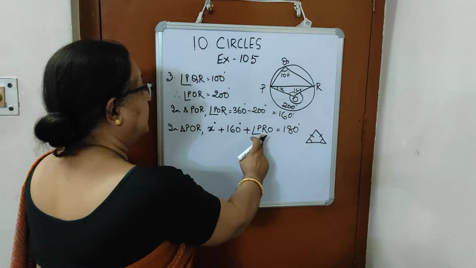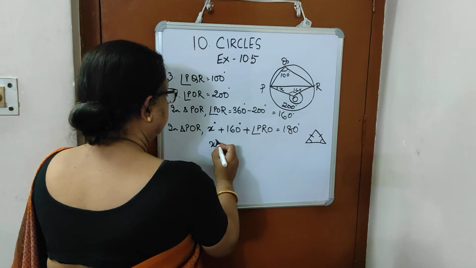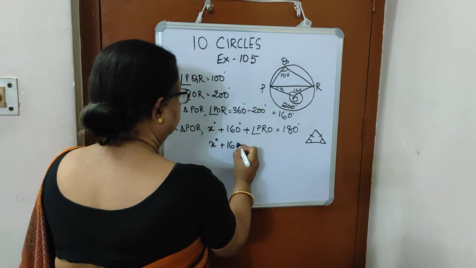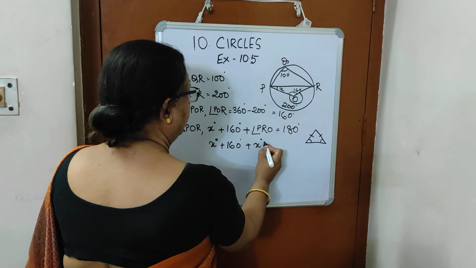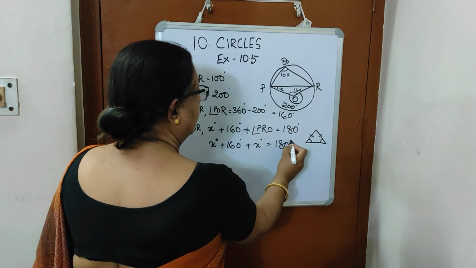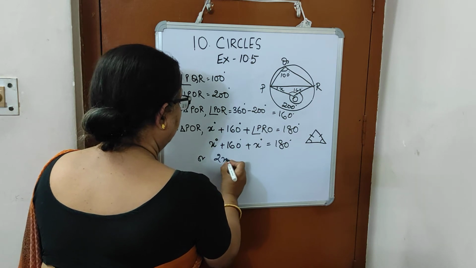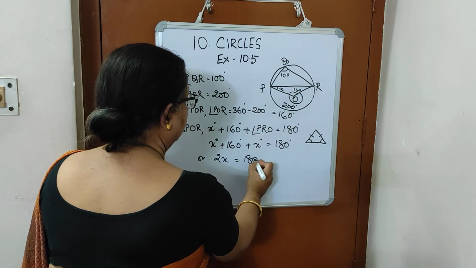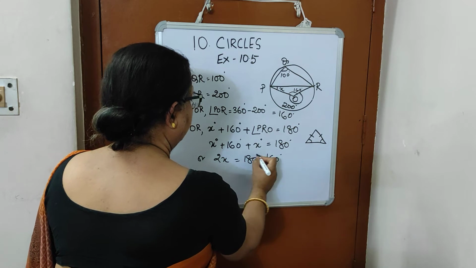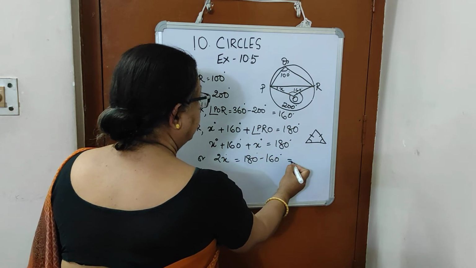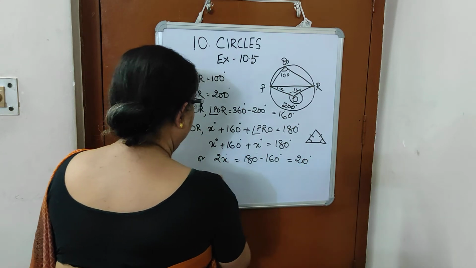So instead of this we can write x. x plus x plus 160 equals 180. So just simplify it. x plus x, 2x is equal to 180 minus 160, which is 20 degrees.